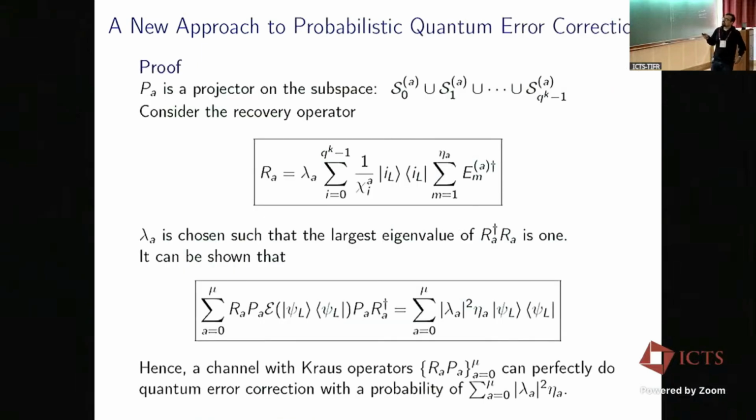It's a projector on this union of these subspaces. And if you consider this recovery R_A, where this lambda is introduced to make things trace non-increasing so that everything is physical, then if you calculate this term, you will get your state back. So ψ_L, you will get the state back, but with an extra factor, and this is the probability of success.